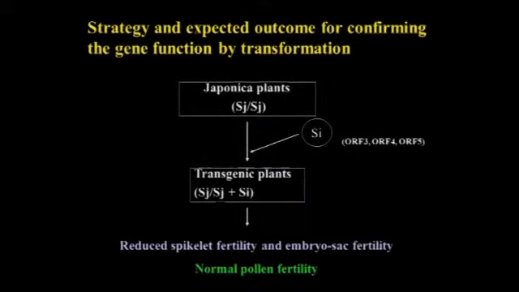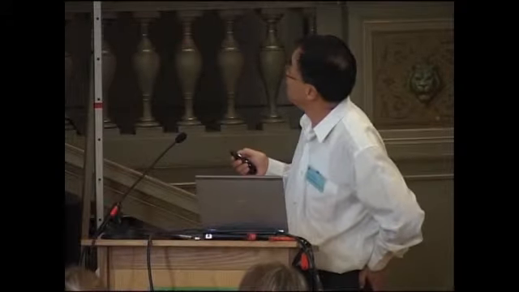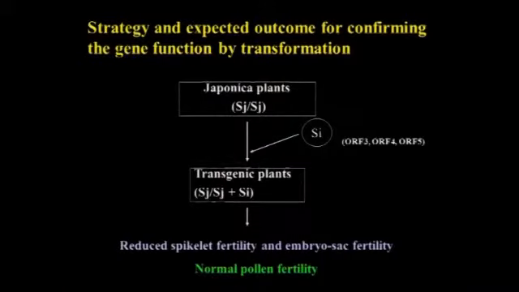So the strategy is like this. If this is a correct candidate, we transform the one from indica into japonica background, which just happened to be that way because japonica is much easier to transform. If we got the right candidate, it should show reduced spikelet fertility and also embryo sac fertility with normal pollen fertility.